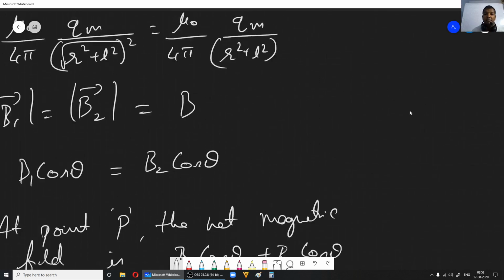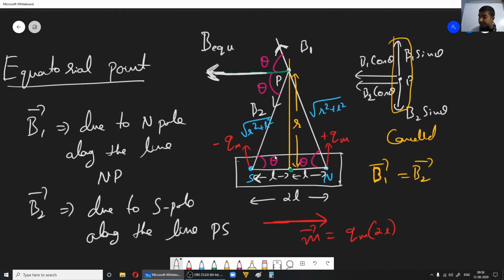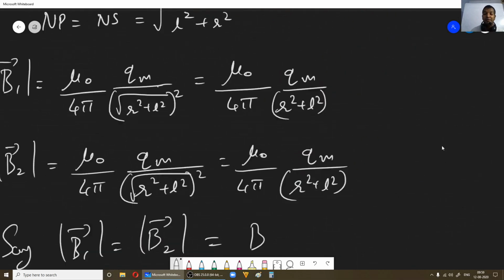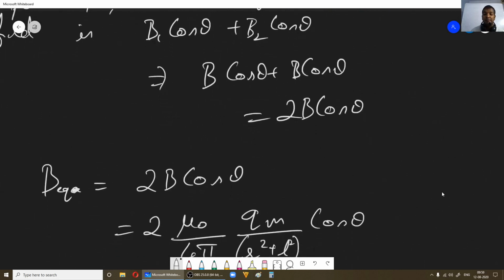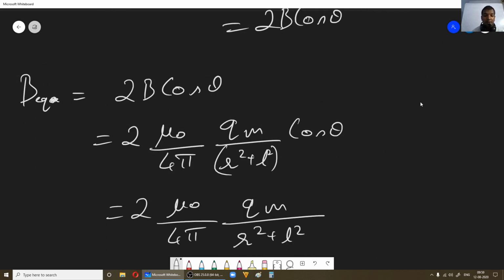Now from the diagram you can extract cos theta. What is cos theta? Cos theta is adjacent by hypotenuse, so L by root L square plus R square. So this can be written as 2 mu naught divided by 4 pi into qm divided by R square plus L square, times L divided by root R square plus L square.